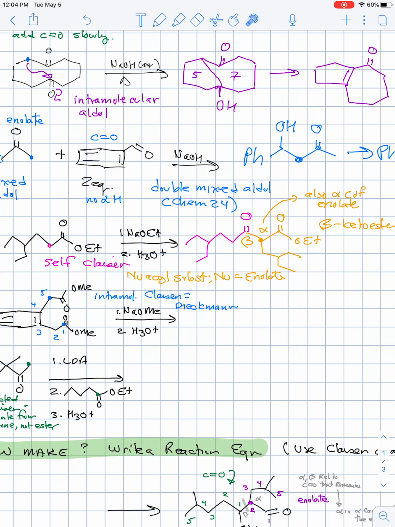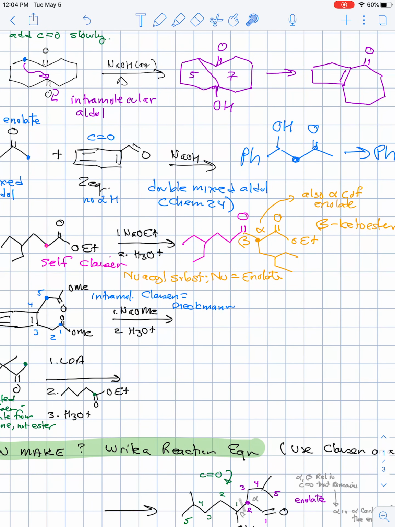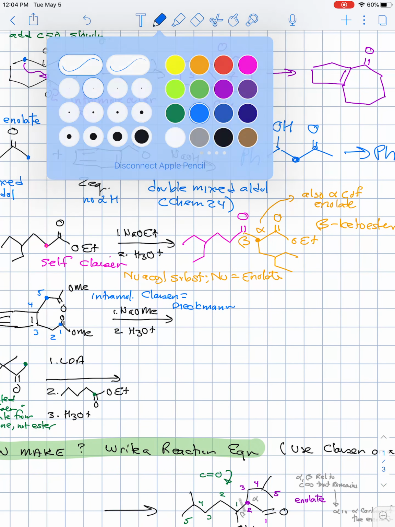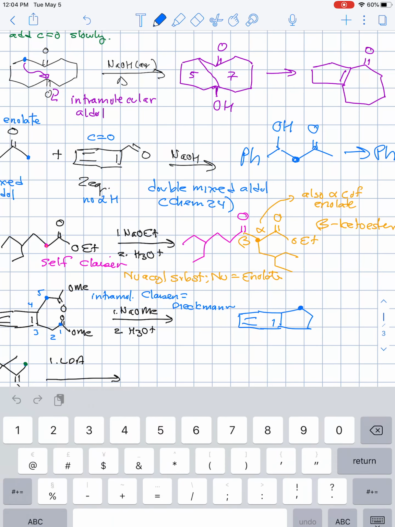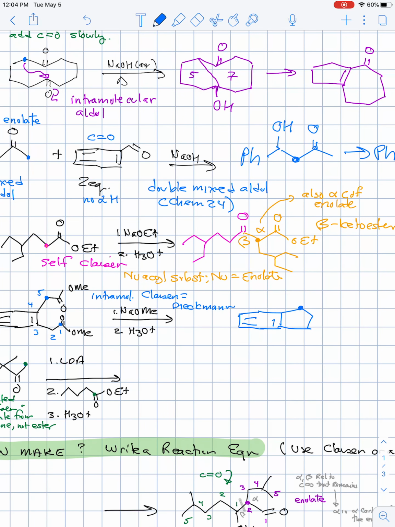So let's go ahead and draw it. I guess blue is a good enough color. Not that blue though. Well, let's see. And I'll just draw the 5-membered ring. And let's see, this is our enolate carbon. And so annoying. This would be carbon 5, this would be carbon 1.